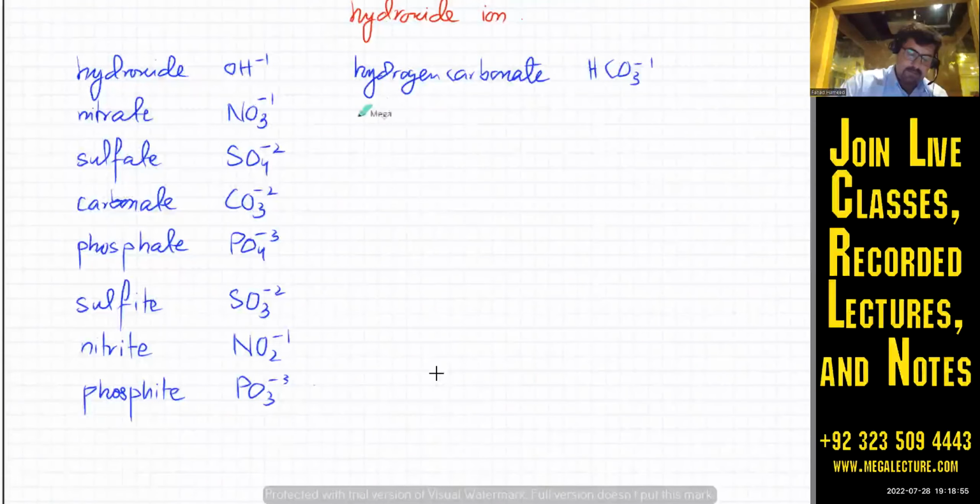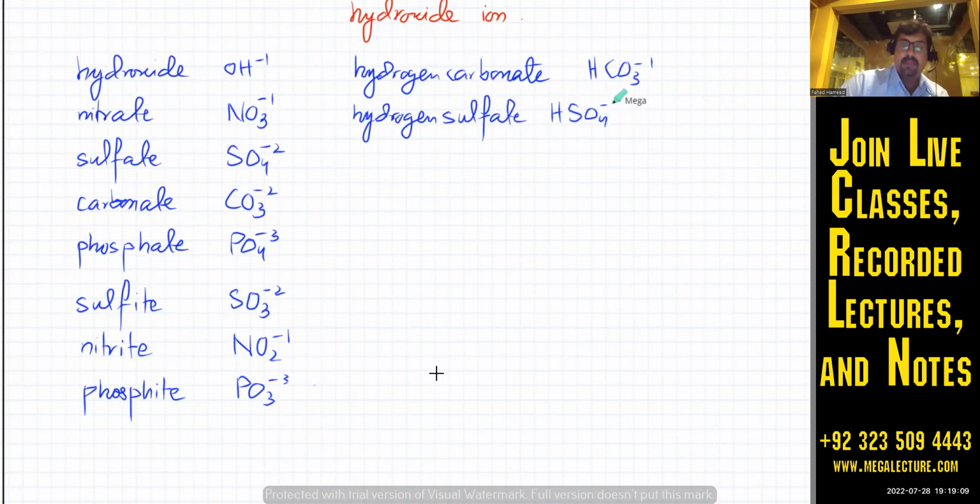Hydrogen sulfate, so that is HSO4 with a charge of -1. You've got ammonium, that's very important. So you've got ammonium, that's NH4 with a charge of +1.